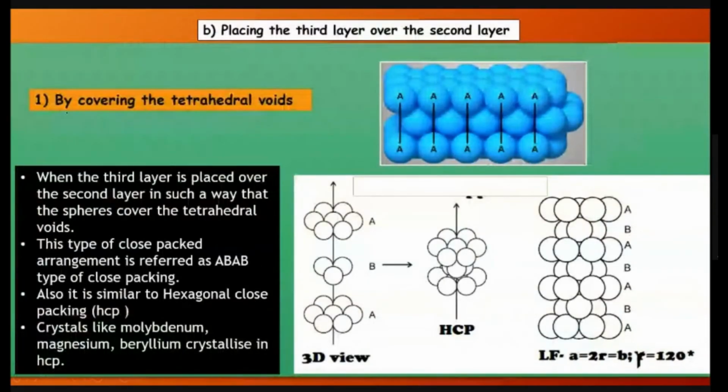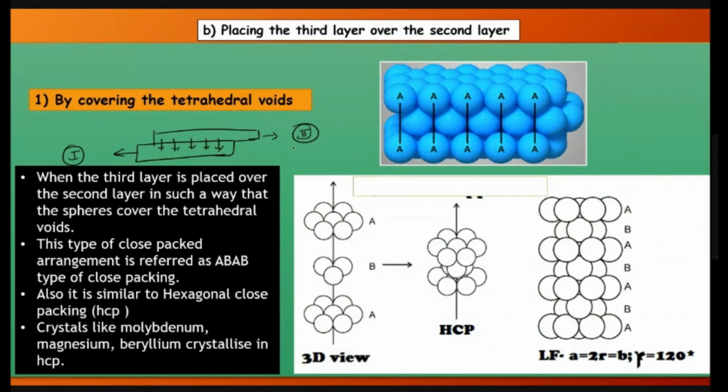Yes. So now we have come to the second type of understanding, that is by placing the third layer over the second layer. I told you before, when I was explaining, that this is the first layer and the second layer was placed above the first layer.